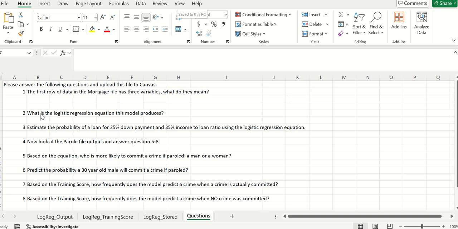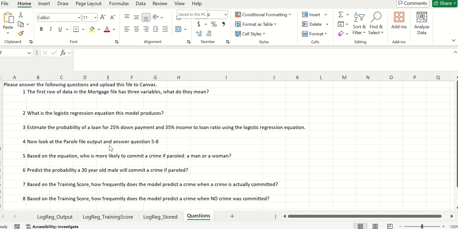It's asking you to come up with a probability of a loan with a 25% down payment with a 35% income to loan ratio. You will see the exact data for being able to calculate this on solution B, example 9.2 on page 319. So again, that should get you really close to being able to finish off question number 3.